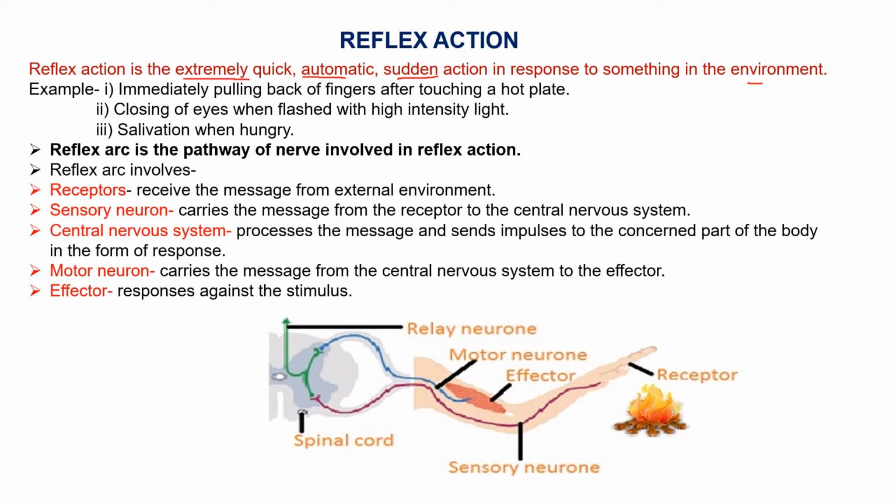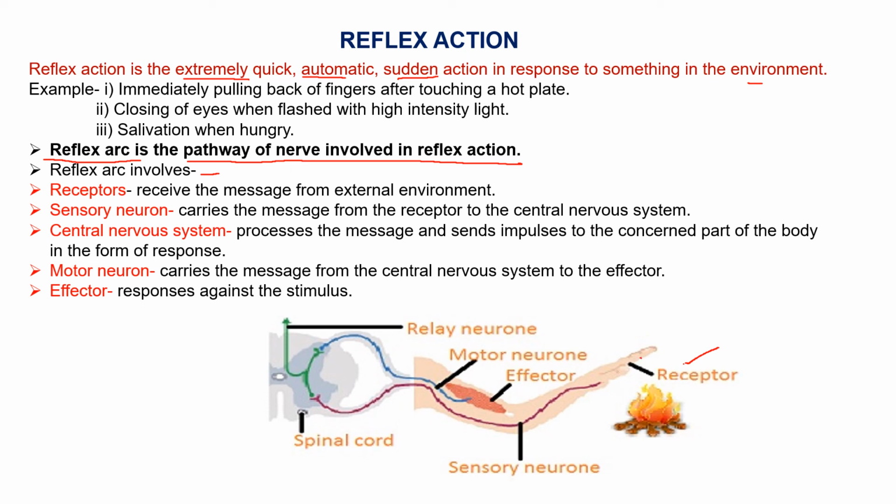And what is a reflex arc? Now the reflex arc is the pathway of nerves involved in a reflex action, right? The pathway of nerves that we have discussed before. A reflex arc involves receptors. It starts from here.